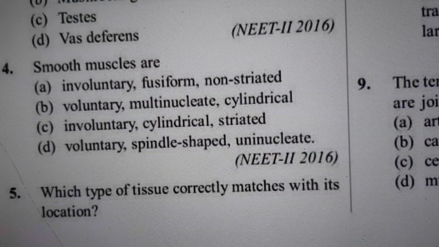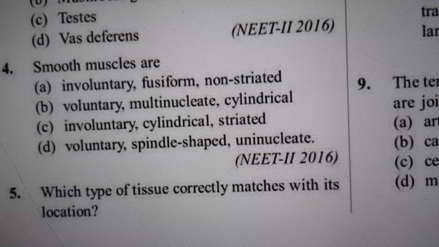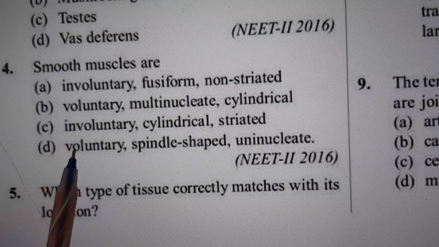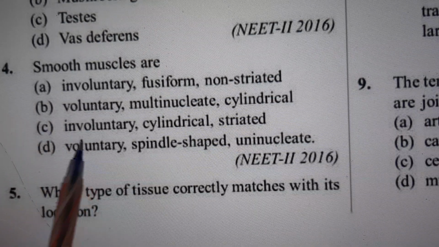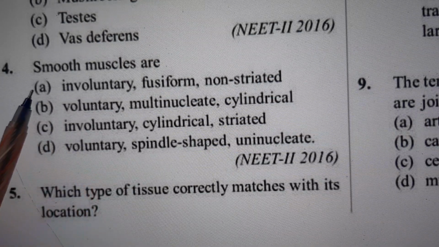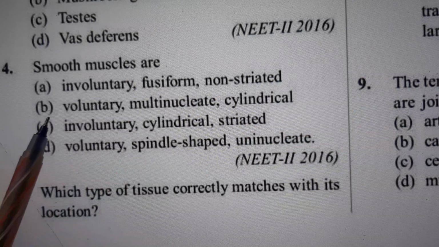Now, the first thing is smooth muscles are not under our direct control, which means they are involuntary. So we can directly eliminate option B and option D because they are saying that smooth muscles are voluntary. So now the answer could be either A or C.